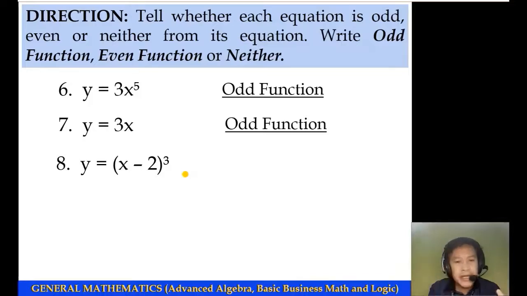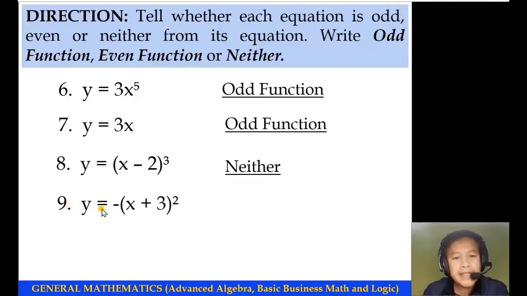We have the cubic term, the quadratic term, the linear term, and the constant term. Therefore, the exponents of x are a combination of odd and even. That is why that is never classified as an odd function nor an even function. Therefore, our answer here is neither.